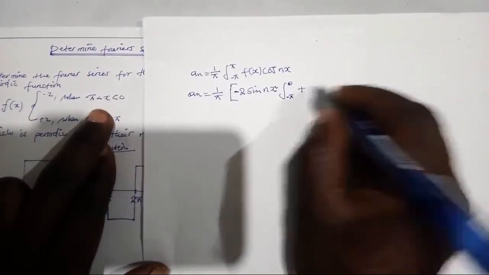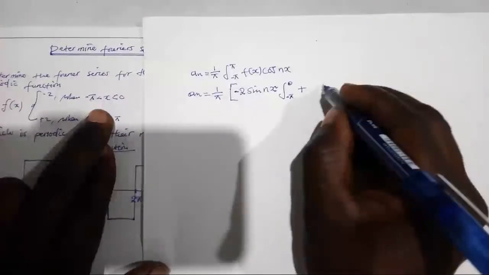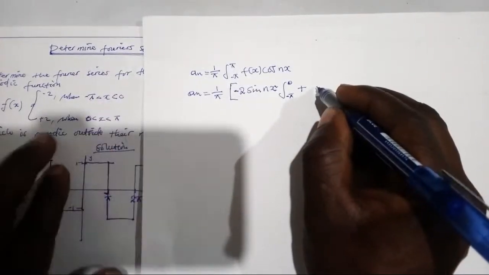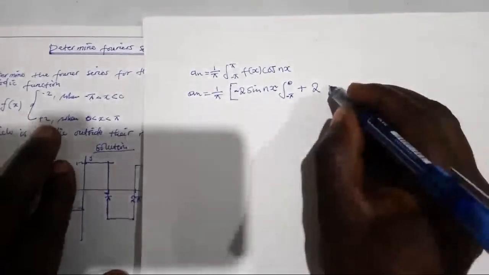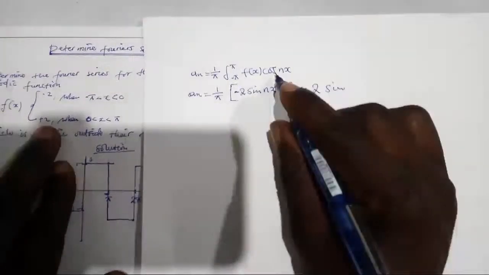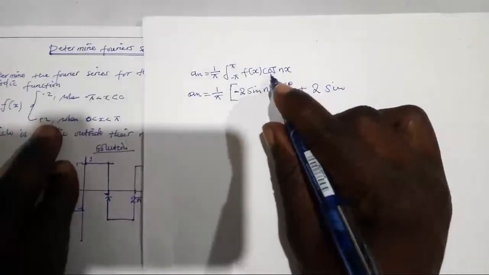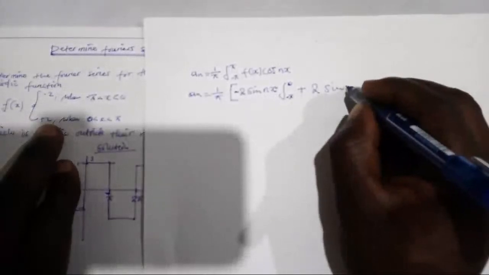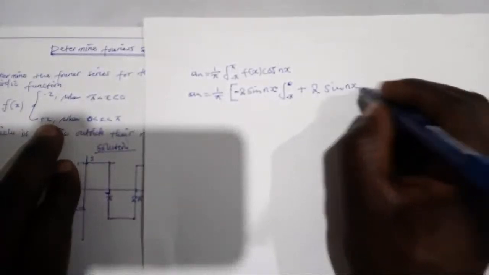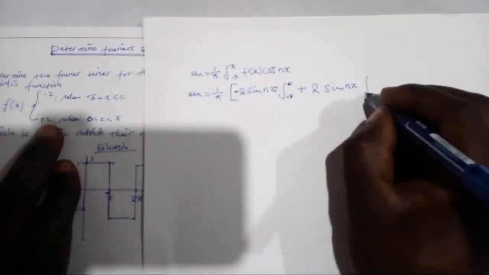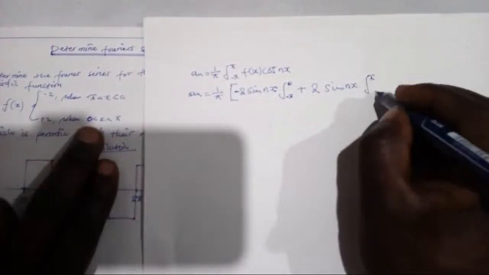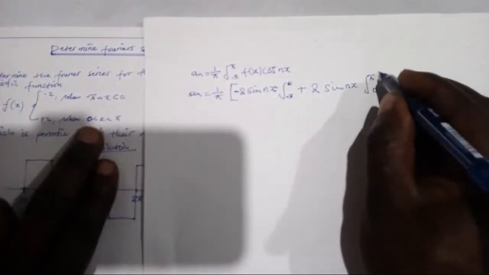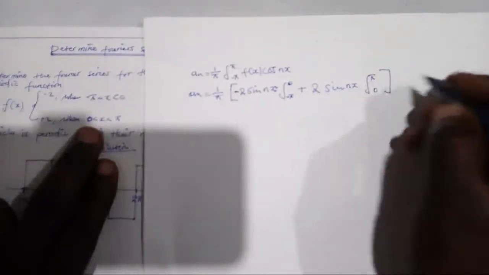Then plus you follow the other condition, which is 2 sine, because for cos we find the derivative of cos, it is sine, okay? Sine n x, then you follow this condition here, the upper limit is pi, then the lower limit is 0, then you close square bracket, okay?